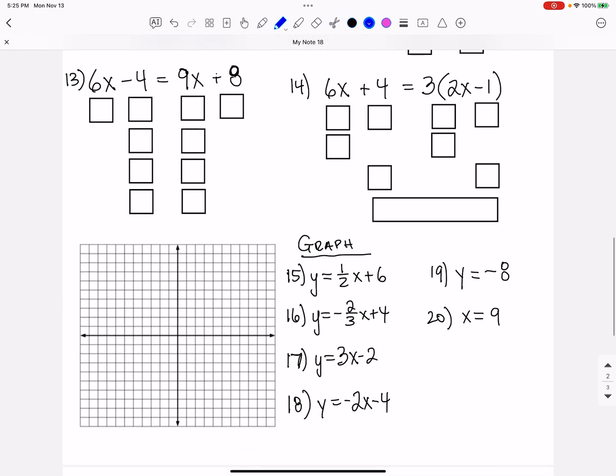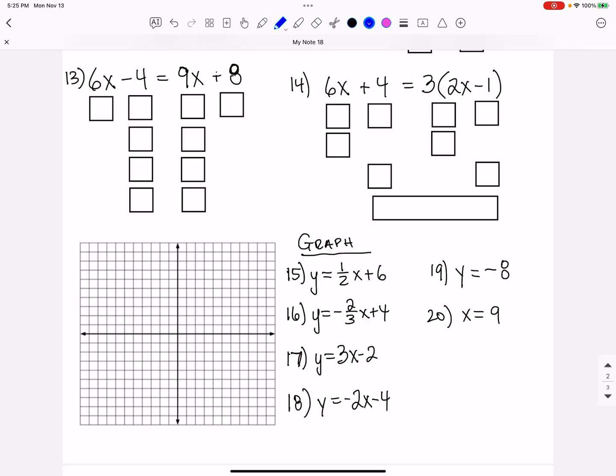Okay. Let's see. This one. We gotta make some teams first. Number or letter, number. Okay, let's go ahead and go minus 6x and move it over here, minus 6x. Let's go ahead and go minus 8 and minus 8 and move it over here.